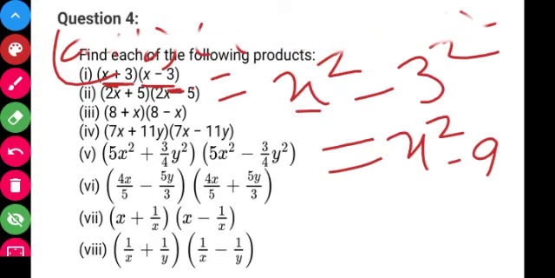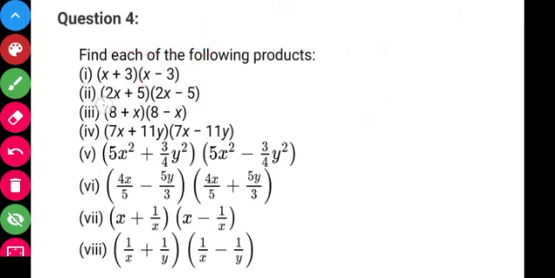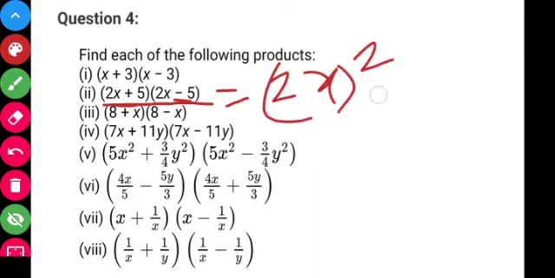So therefore here it will be x square minus 3 square, that means x square minus 9. Okay, similarly you can do this also. 2x plus 5 and 2x minus 5, a plus b and a minus b. So 2x whole square minus 5 square.